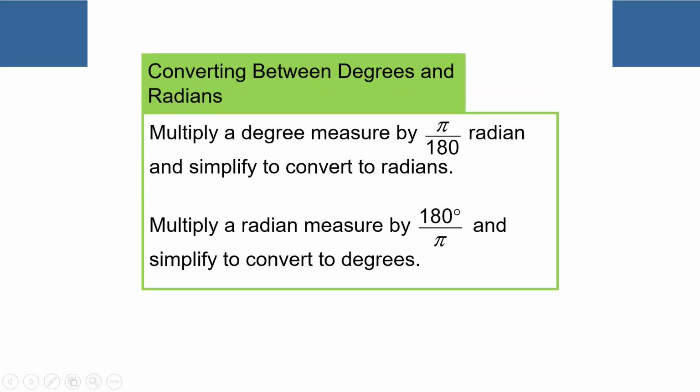Okay. How do you convert? It is easy peasy, lemon squeezy to convert between the two. When you're converting between degrees and radians, to go from a degree to a radian, you're simply going to multiply whatever degree you have by pi over 180.